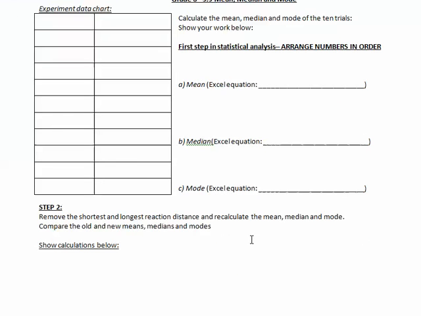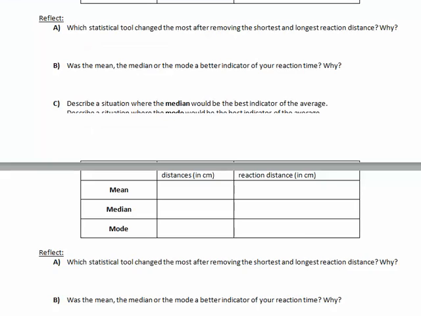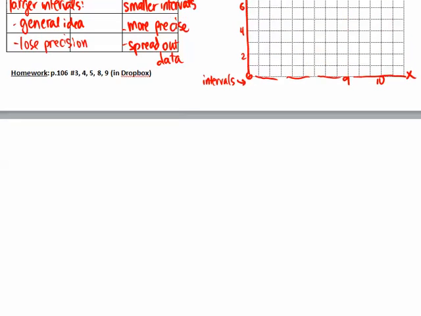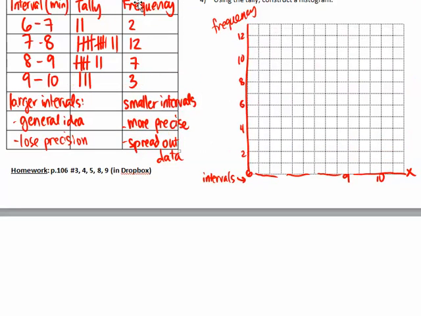Oops, jumping all over the place. And here we are. So let's just fix these intervals. So I have 6 to 7, 7 to 8, 8 to 9, 9 to 10.